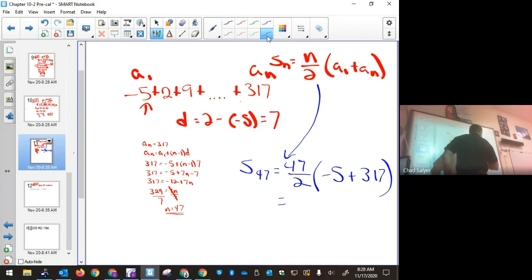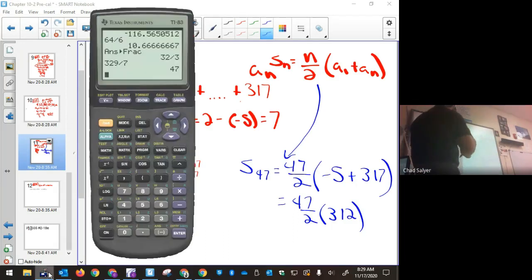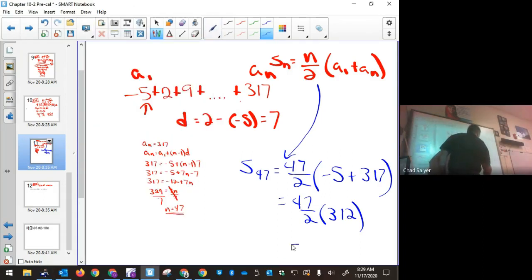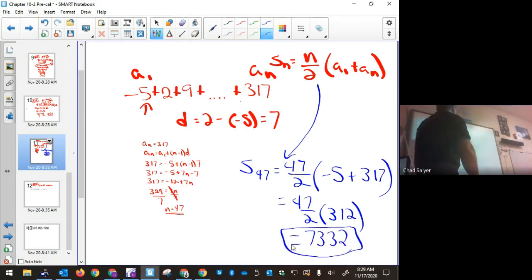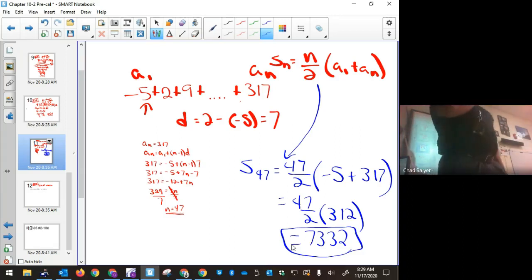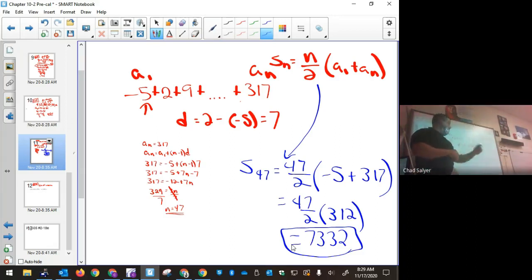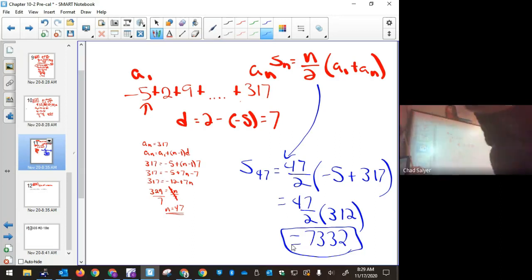So negative 5 plus 317 is 312. 47 over 2 times 312 is 7332. That is the series. The sum of all those values would be that. And of course, that dot, dot, dot stands in for the other 40 whatever values that are between there.